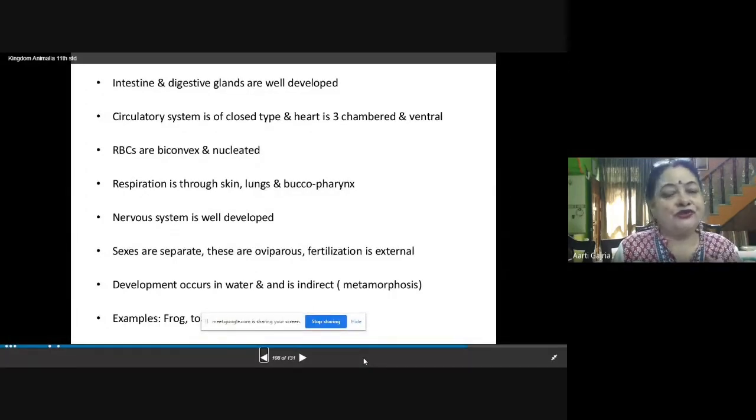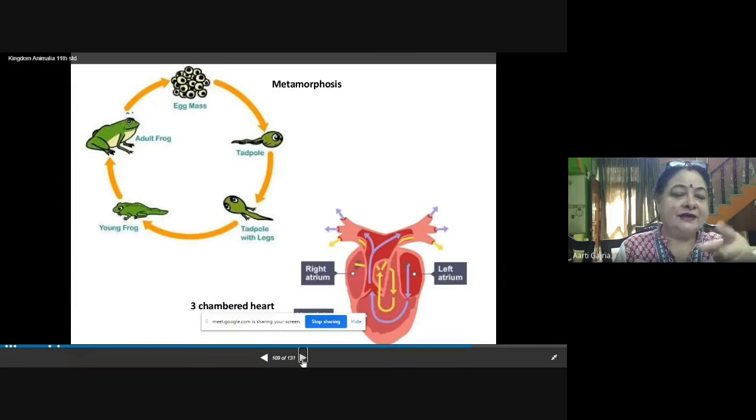And the drastic changes which are happening in the morphology of the organism during these intermediary stages, that is called metamorphosis. And examples are frog, salamander. We have seen the pictures. Now see this. This is the metamorphosis they have shown. The eggs are there.